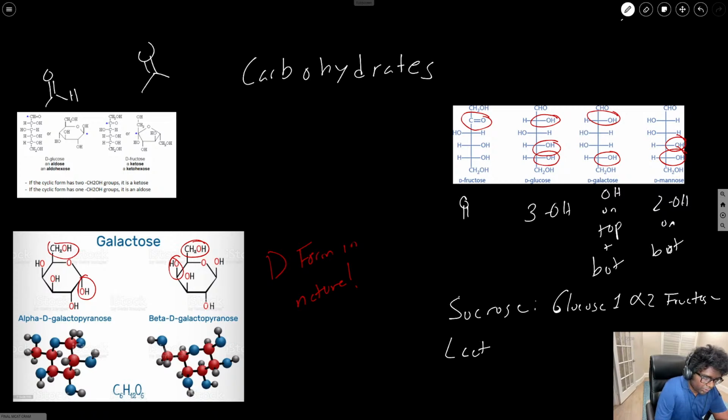And I'll do lactose as well. That's galactose, beta 1, 4 glucose. And let's do maltose, why not?